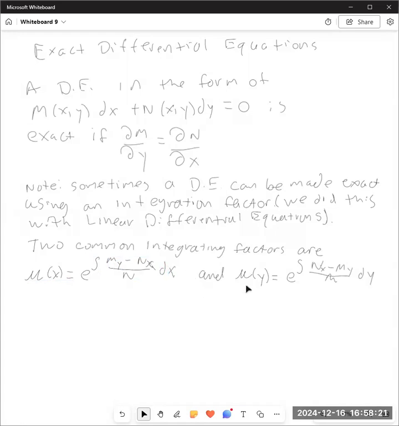If we need an integrating factor mu that's a function of y, then we're going to use e to the integral of the partial derivative of N with respect to x minus the partial derivative of M with respect to y, divided by our original M, and then integrate with respect to y.